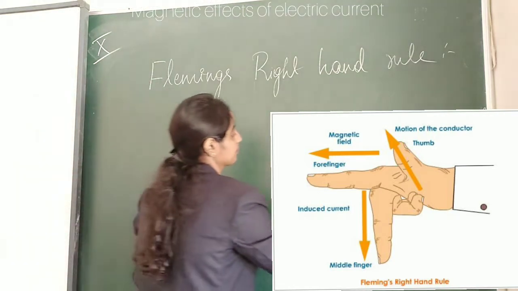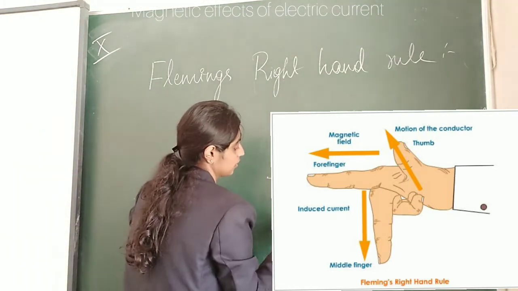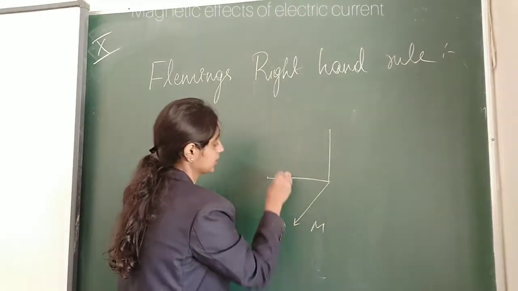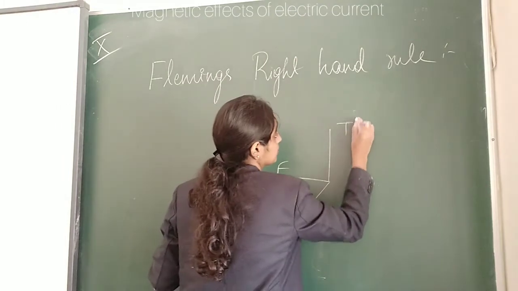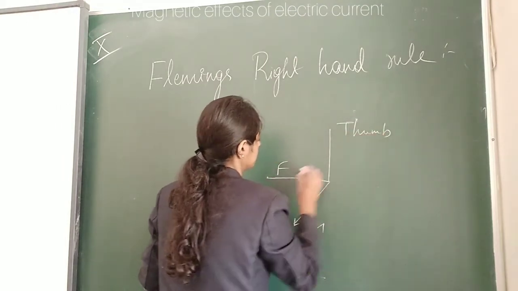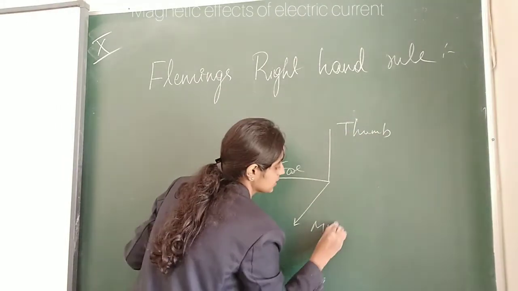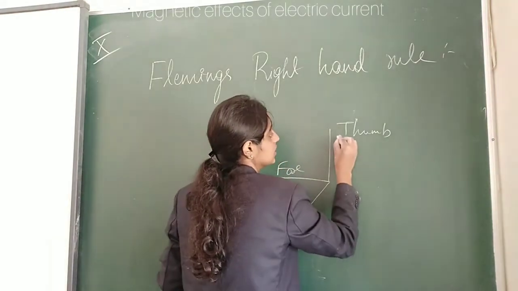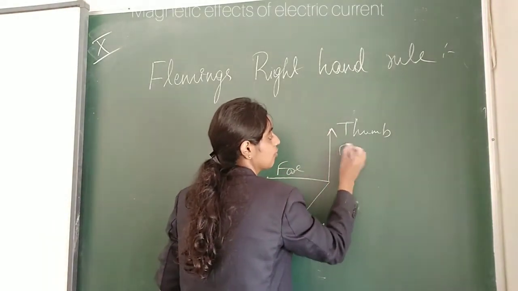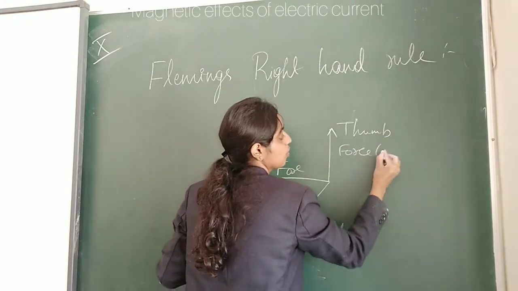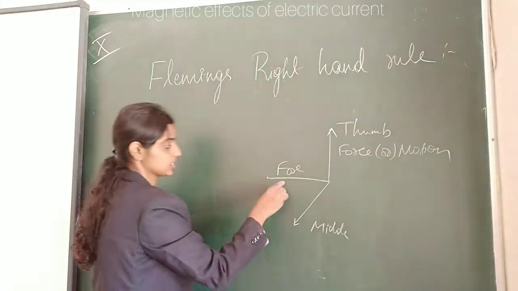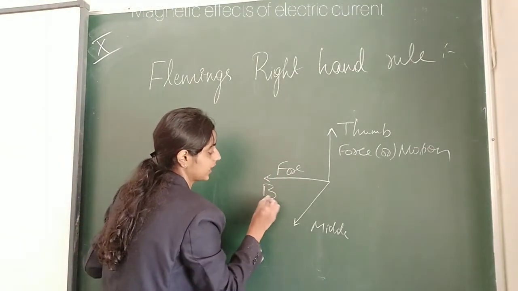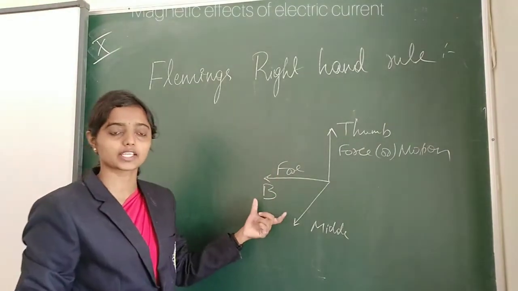So here, if this is the middle finger and this is the forefinger and this is the thumb, the thumb represents the direction of force or motion, and the forefinger represents the direction of B. B is nothing but the magnetic field.